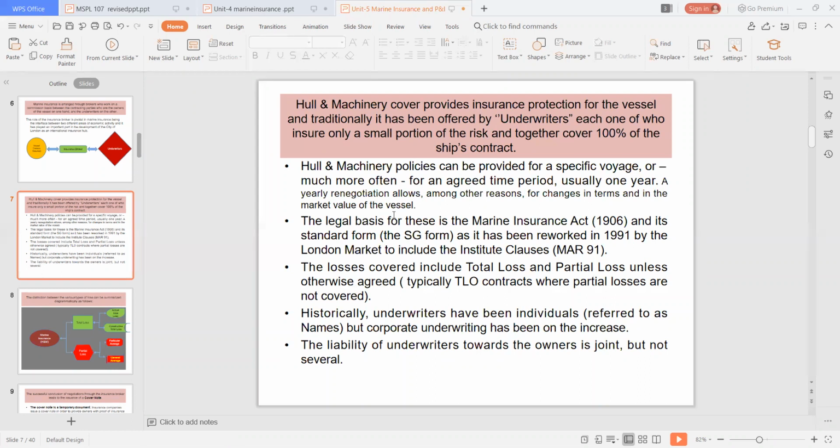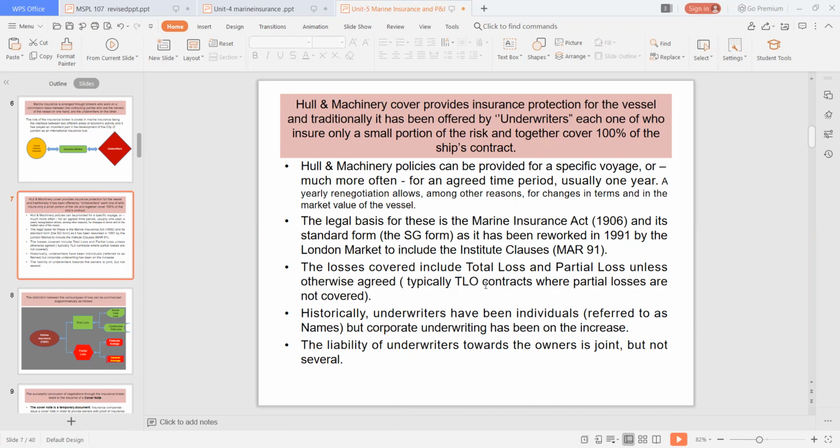Right? The legal basis for this is the Marine Insurance Act 1906, and its standard form, the SG form, was reworked in 1991 by the London market to include the Institute Clauses. See that, we already discussed the importance of the Institute Clauses. March 91. The losses covered include total losses and partial losses unless otherwise agreed.